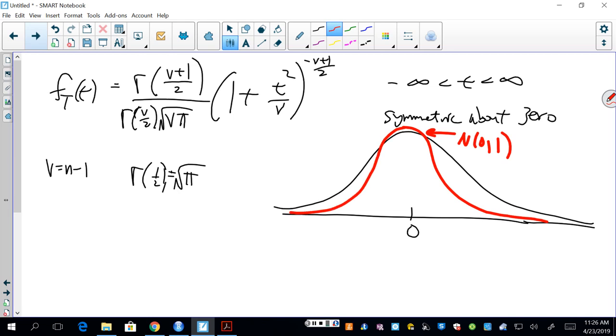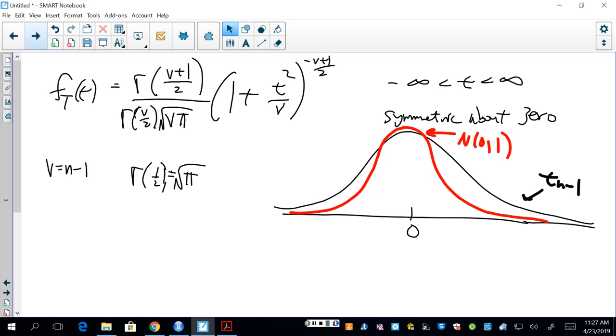But the t distribution with certain degrees of freedom looks really similar, but has a little more probability out in the tails. The probability that you're out further is a little heavier out here, so the probability you're out here is a little bit more than normal. The chance that you're in the middle is a little bit less.